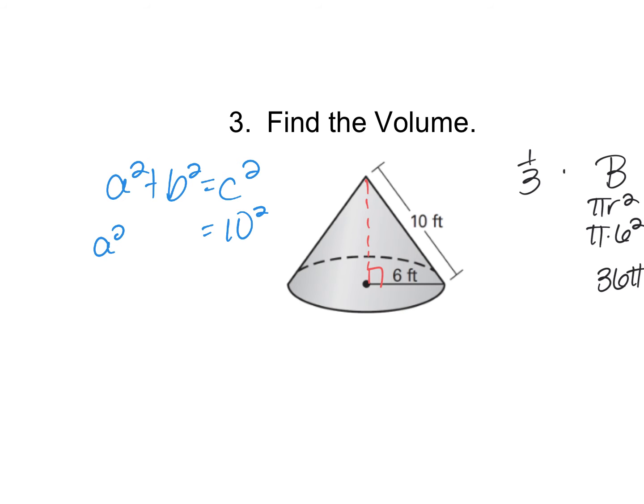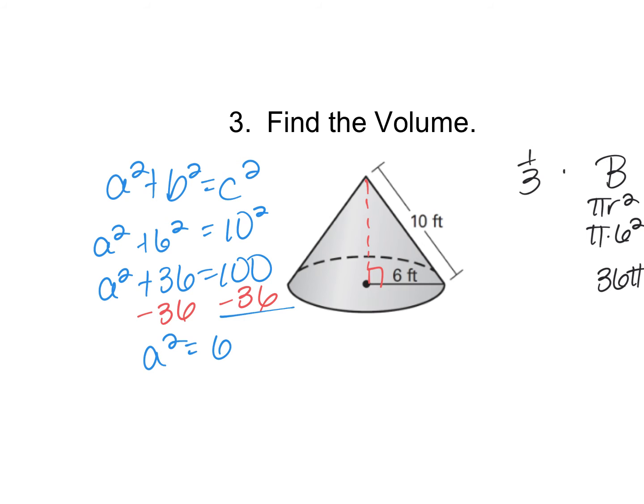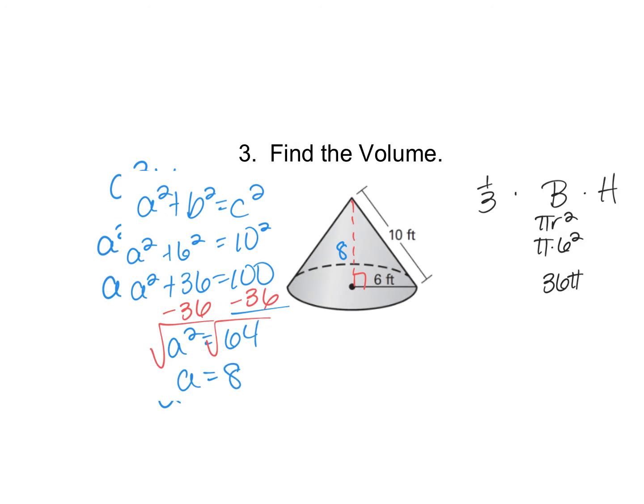So a squared plus 6 squared equals 10 squared. A squared plus 36 equals 100. Then I subtract 36 from both sides. A squared equals 64. The last step is to square root that. So a equals 8. That means the height is 8 right there.